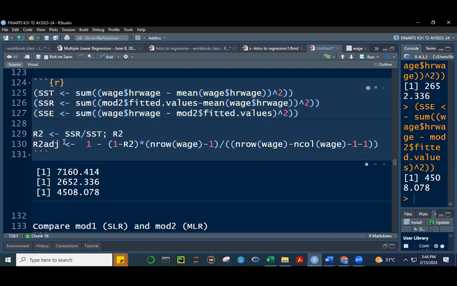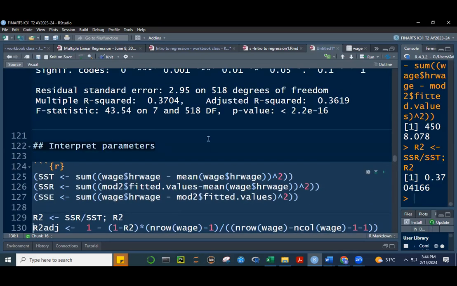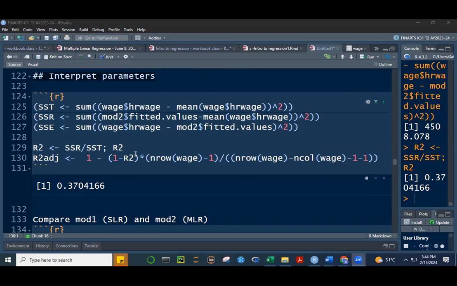Okay, so we can get the R squared to be your SSR over SST. So that's your 37.041 there. Okay, this one. And this one will be your adjusted R squared. So this is the formula. Okay, so let me write that. The formula is simply equal to adjusted R squared.